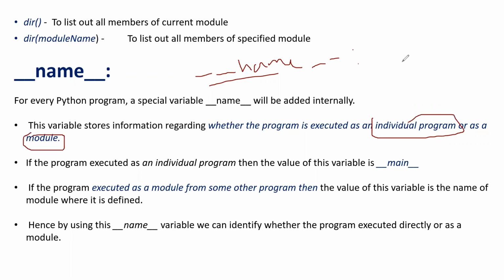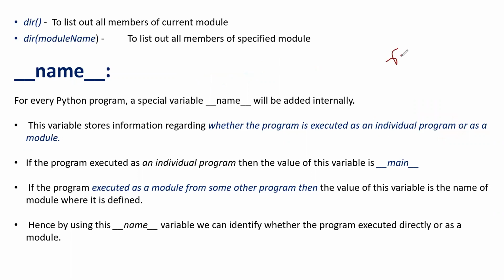As I explained, for example, let me take this raj.py. This is a program, and this program can be used as a module also. How can we know that a program can be used as a module? Simply based upon this name. If the name is main, that is an individual program.